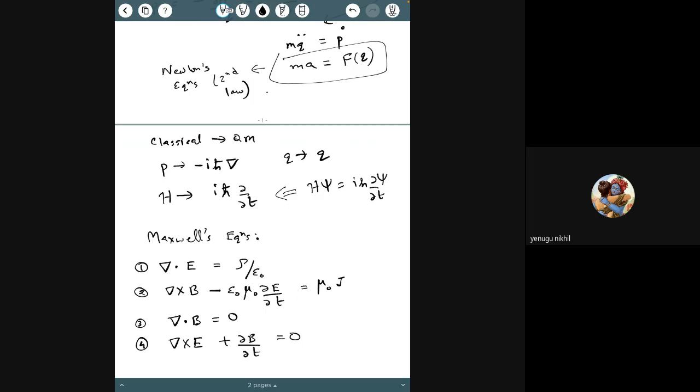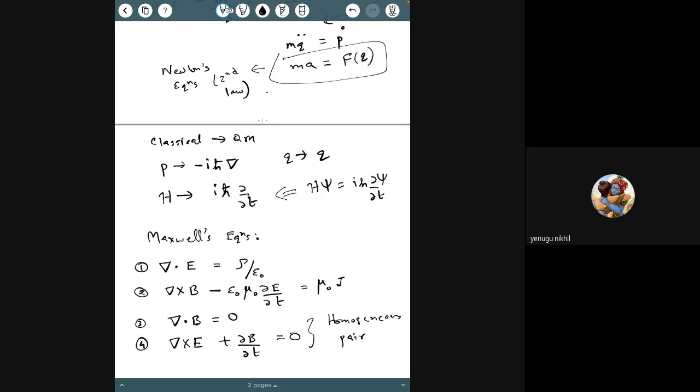These are called the homogeneous pair of Maxwell's equations. They only involve the electric and magnetic fields, and what it tells you is that if you have a changing magnetic field, you will generate an electric field. That's equation 4.